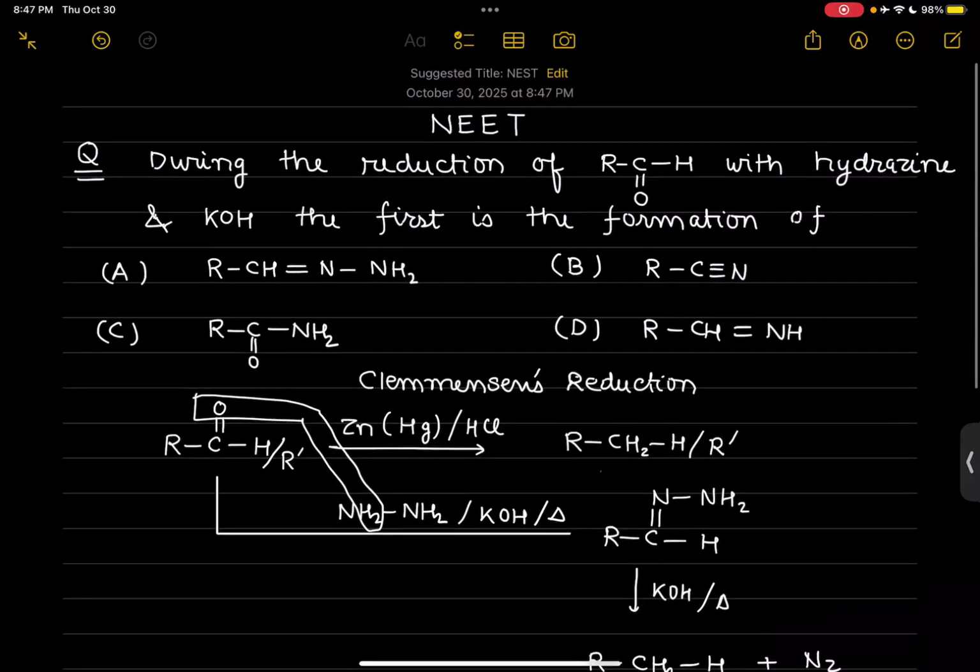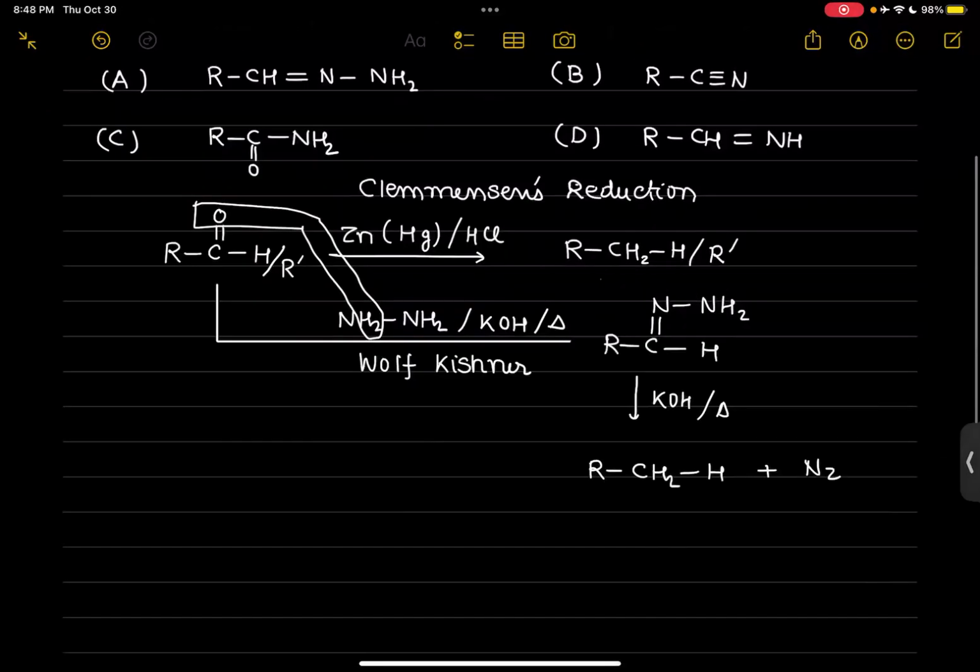So this is the same reaction which we do in Wolff-Kishner reduction. This is Wolff-Kishner, and it proceeds via formation of hydrazone.